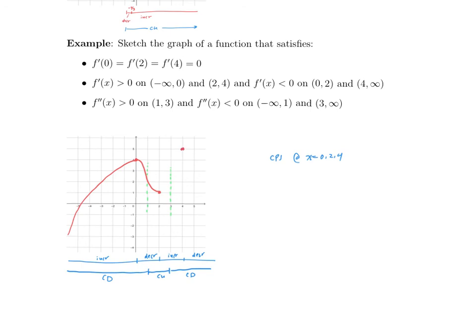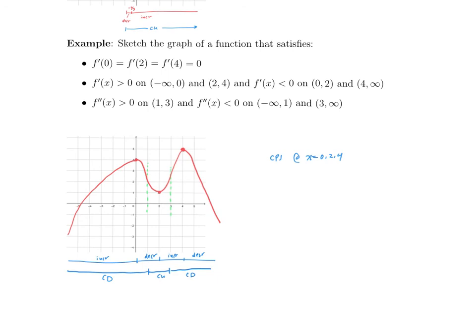I'm going to just once again randomly pick where that point is going to be. We are increasing after 2, and we are concave up until we hit this dashed line. And now I'm going to change to concave down, and we increase until we hit this local maximum. Then we decrease, and we are concave down.